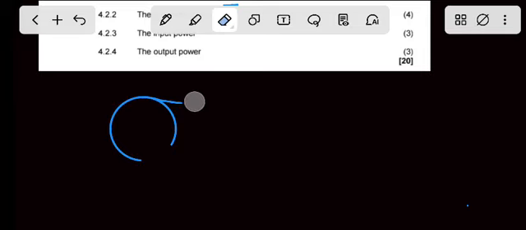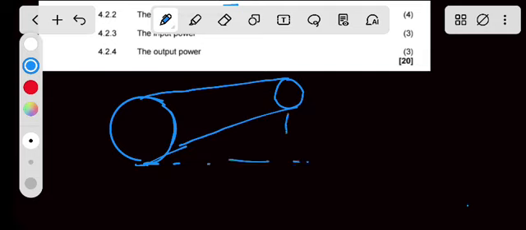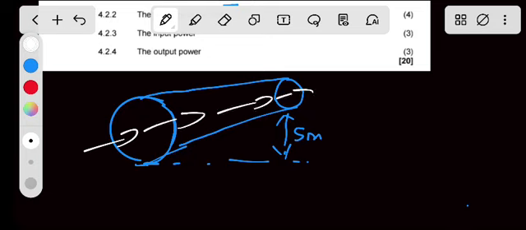Let me say this vertical distance from the horizontal is 5 meters. Obviously there will be fluid flowing there and a discharge as well.